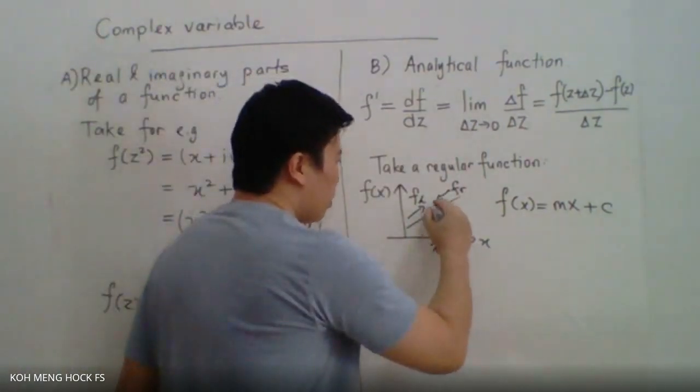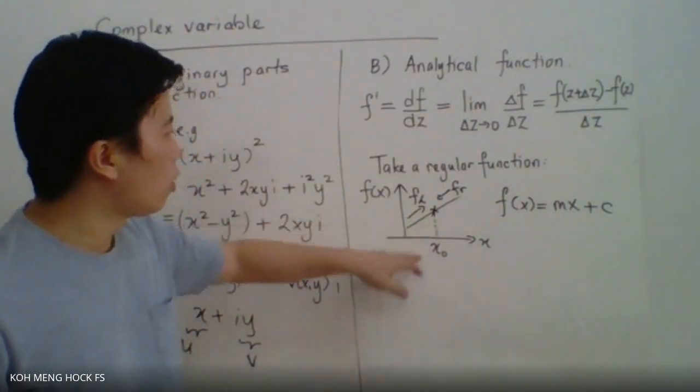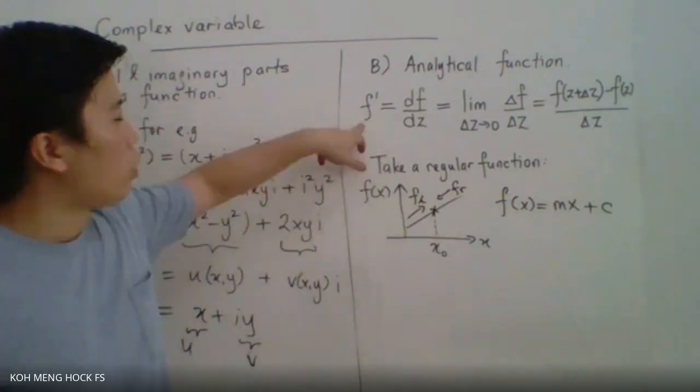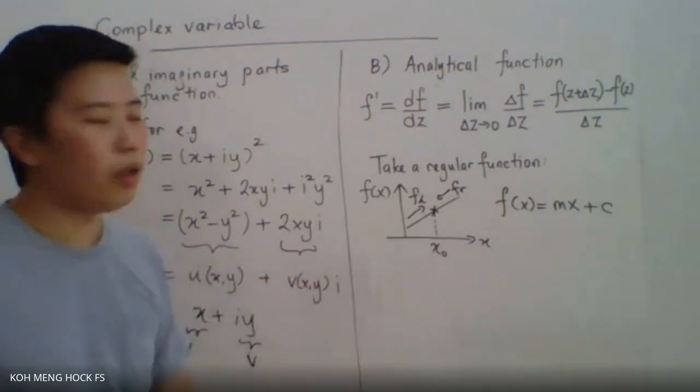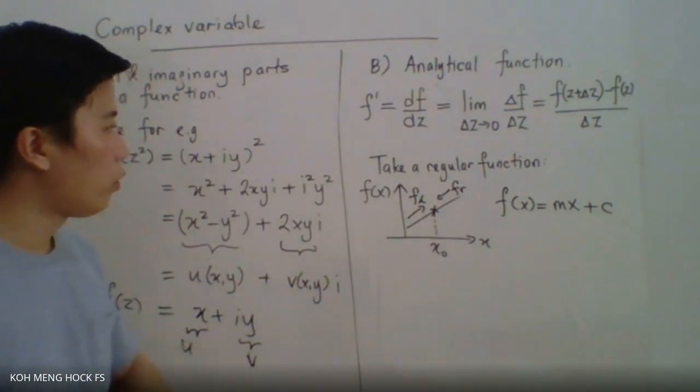At this point on the line, x equals x naught, you must have the same differentiation. When you differentiate, you should get the same value. So how do we prove that?